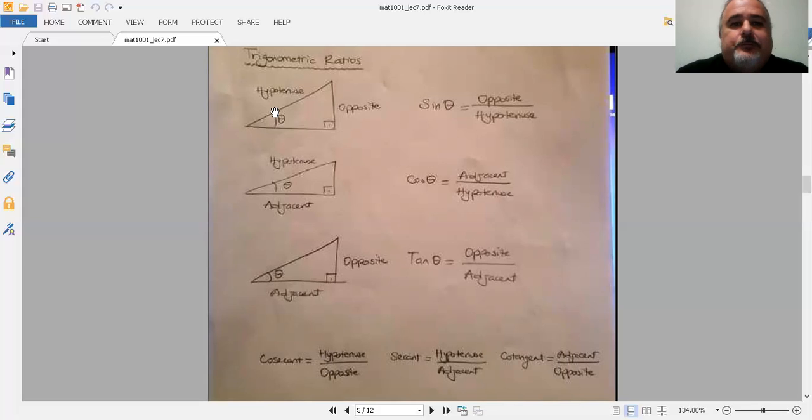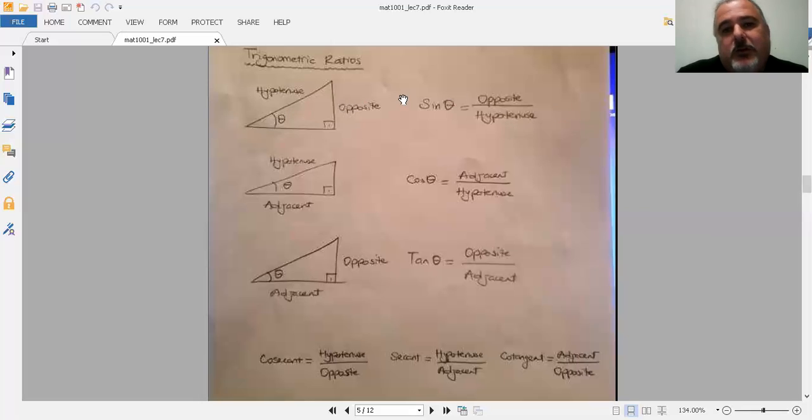So if I am looking for sine theta, I can easily find it by dividing the side opposite the angle by the hypotenuse.